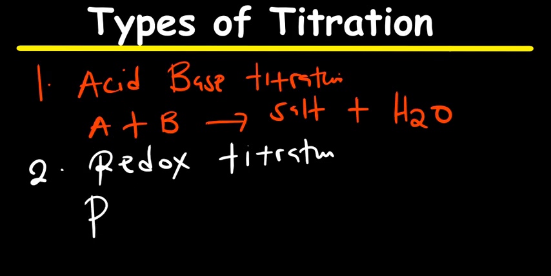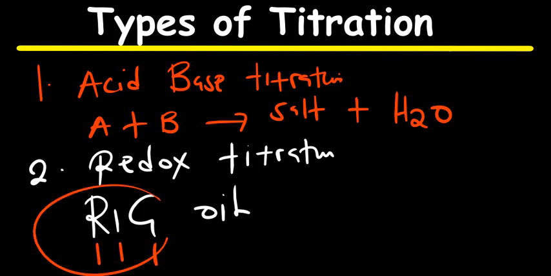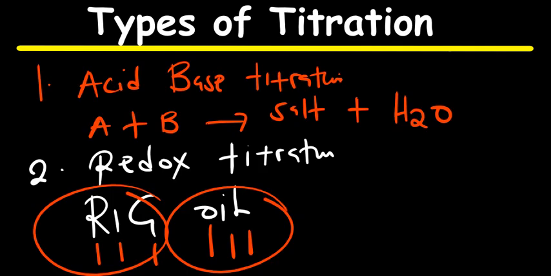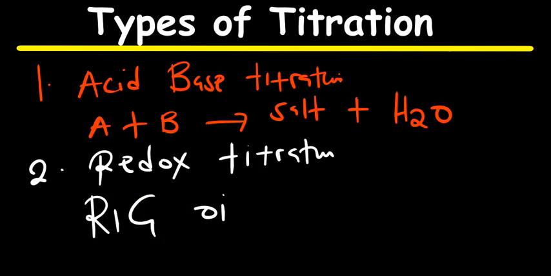We usually use the abbreviation OIL RIG. RIG means reduction is gain of electrons, or OIL means oxidation is loss of electrons. So one loses, one gains electrons. So in that case, if you know the concentration of one of the reactants and you don't know the other one, that would be titration.